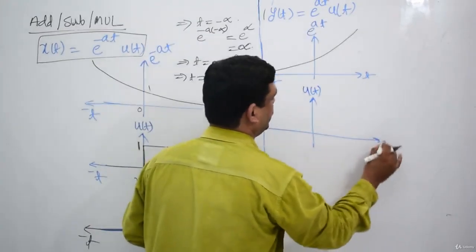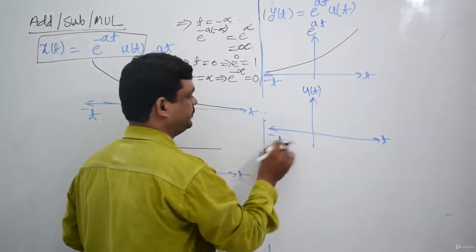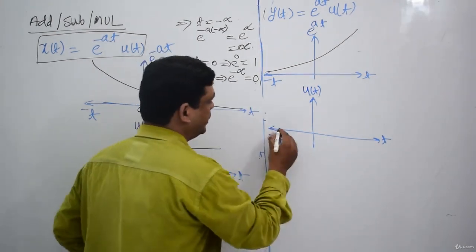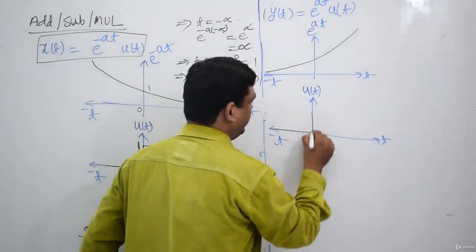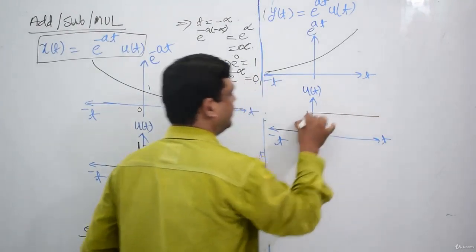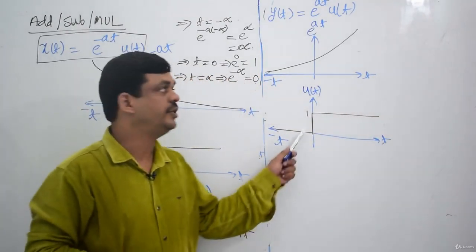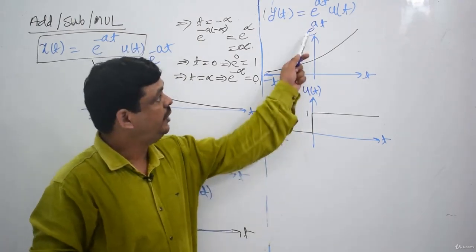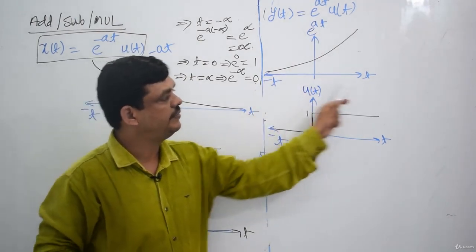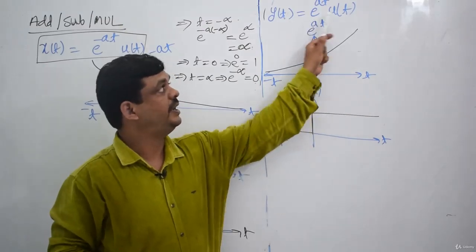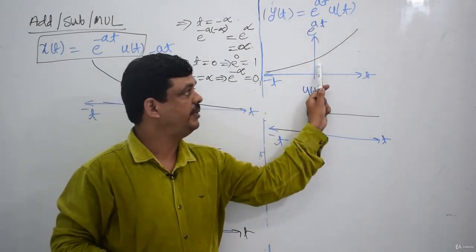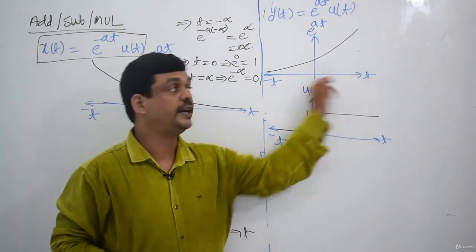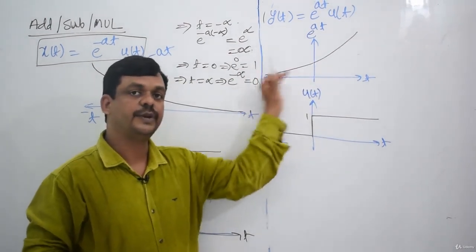U of t is the unit step function, defined from time 0 to infinity with constant amplitude. This amplitude is 1. Then multiplication of these two. Individually this function is defined from minus infinity to plus infinity. If it is multiplied with u of t, this complete function is defined only on the positive time side, and the negative time side amplitude becomes 0.